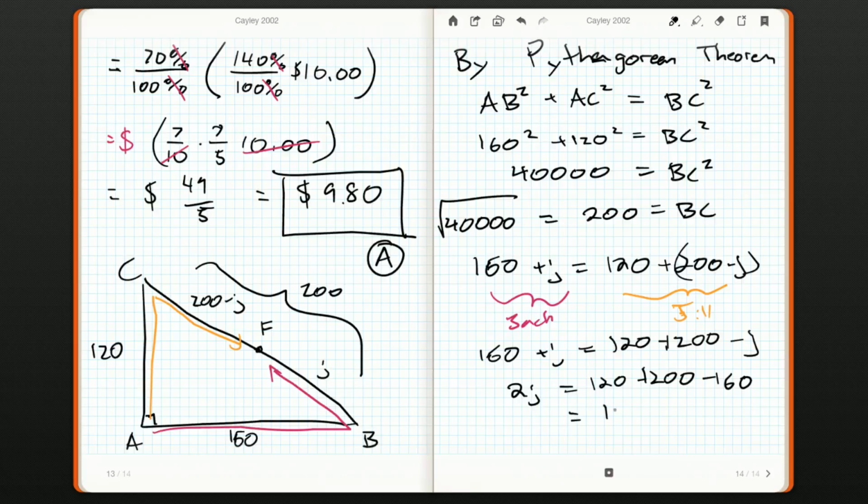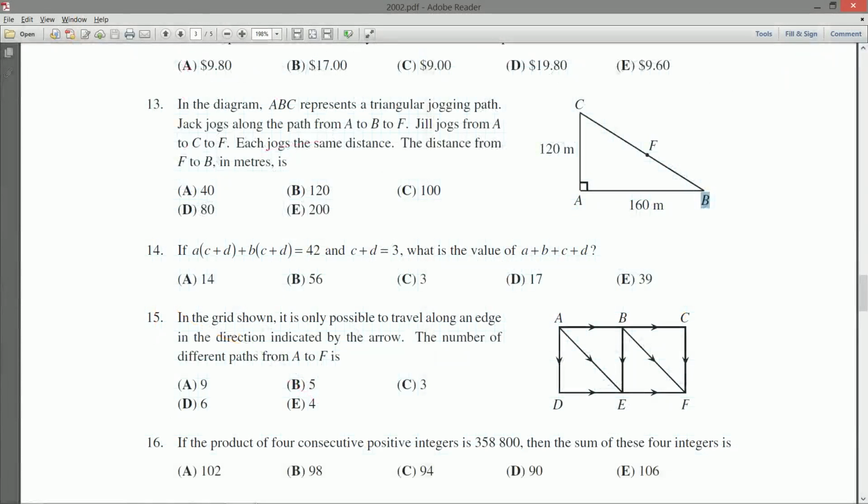I get an answer of 160. Divide both sides by 2, and I get J is equal to 80. Okay? Double check, I did want F to B, right. The distance from F to B in meters is 80.